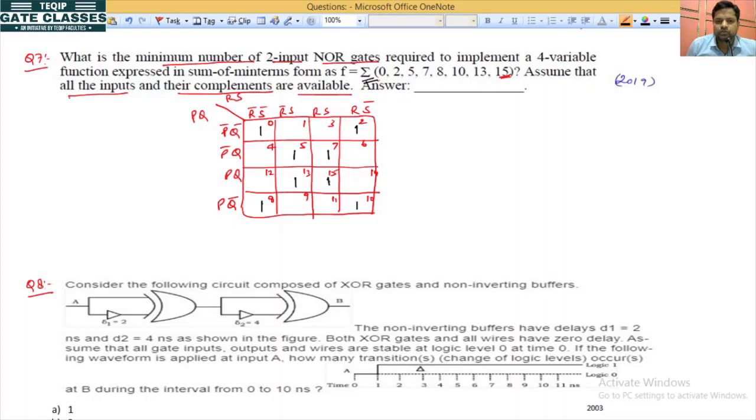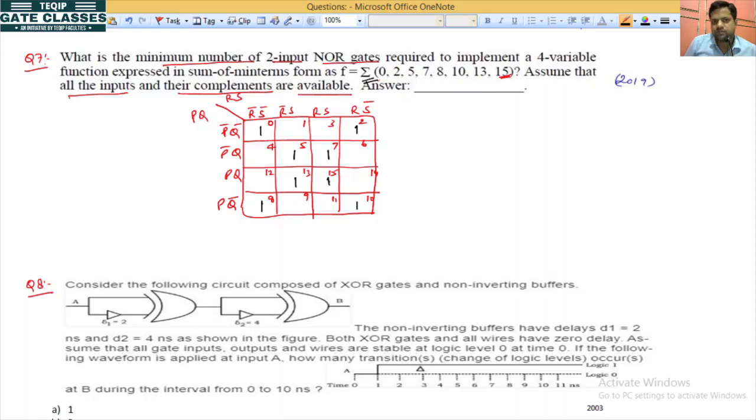Now since we have to implement the Boolean function with the help of NOR gates, we have to apply the maxterm K-map so that we get the Boolean expression in product of sum form.